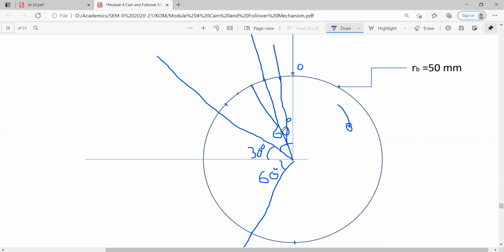Similarly, join it with the center like this. And this point should also be joined with the center.